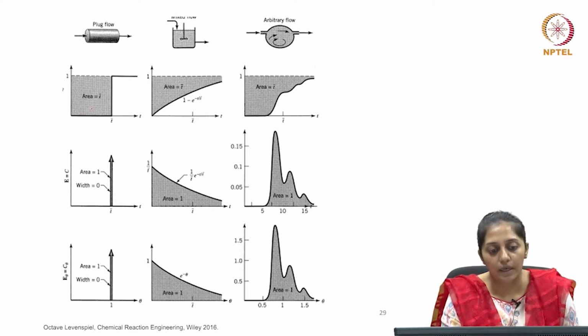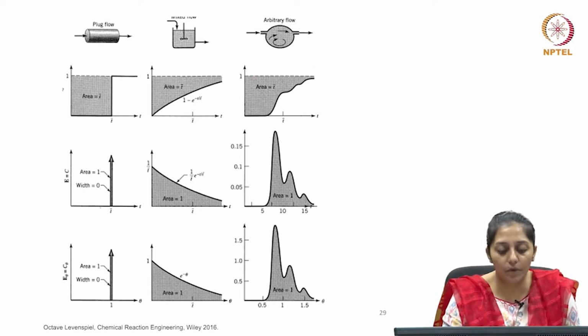In case of a step input, the exit, if it is a plug flow system, will also be a step change after the residence time spent inside the vessel. For a mixed flow, the curve would look like the F curve shown, where the value changes from 0 to 1. It will be exponentially increasing.